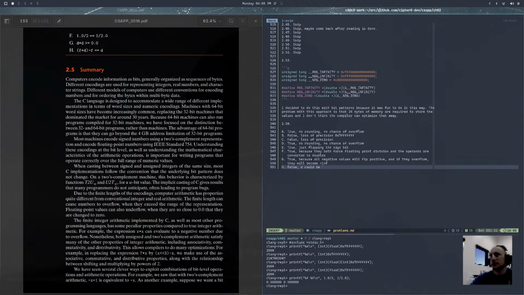D could be at the boundary where it is about to overflow, and F puts it to infinity. And then subtracting F will still return infinity, which is not equal to D.